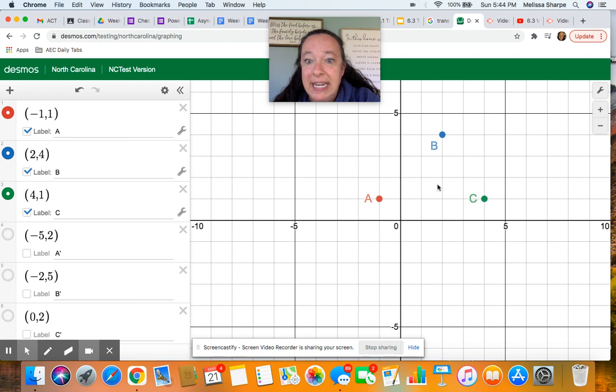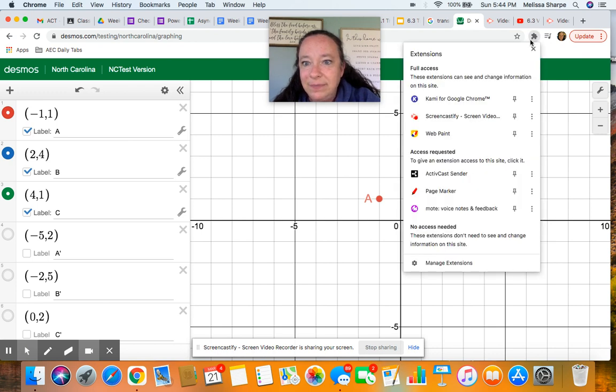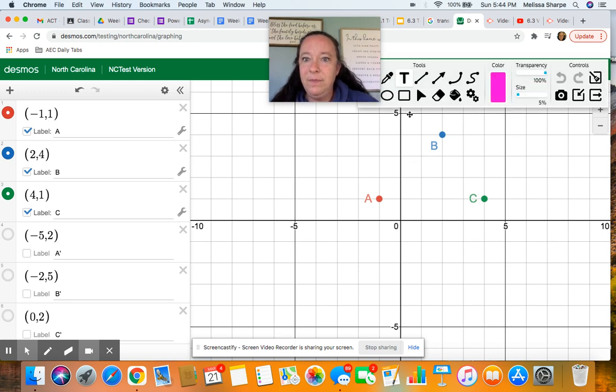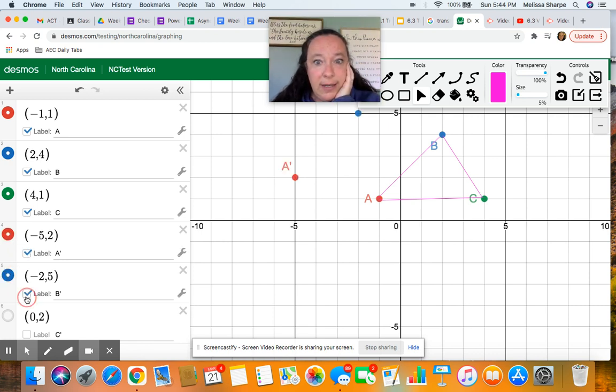There's A, B, C. And if you imagine drawing lines between those, okay. And so that way you can see the triangle. And we're taking that and going to be putting in our image points. So let me do this and have these come back.